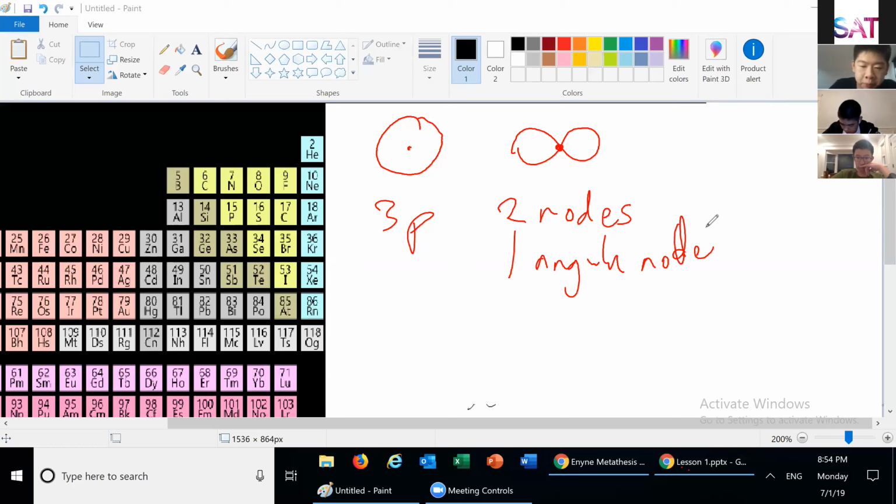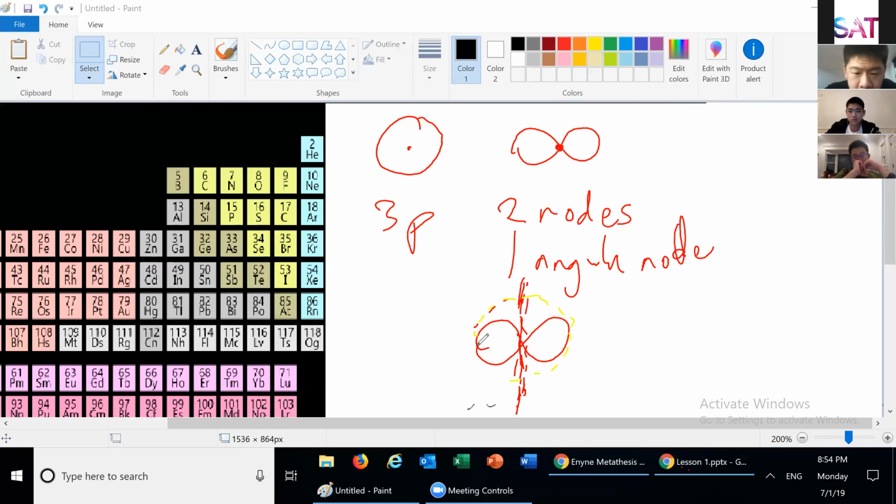Let's draw this orbital. First we have this. Then as you can see, we have this angular node. It's like a plane where there's 0 electron density. Now we have to have a radial node, so let's draw this in a different color, like yellow.